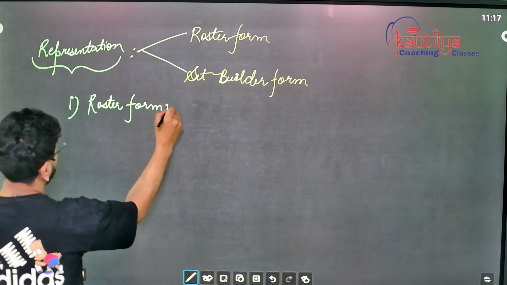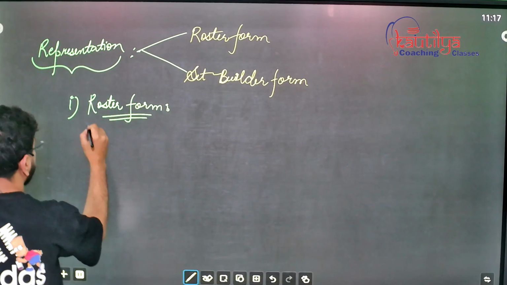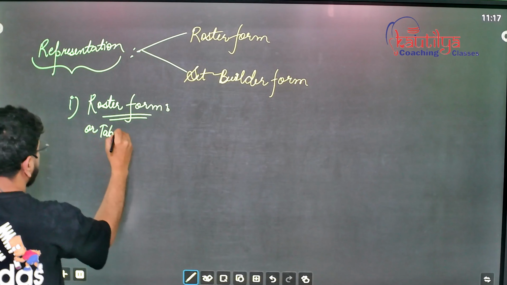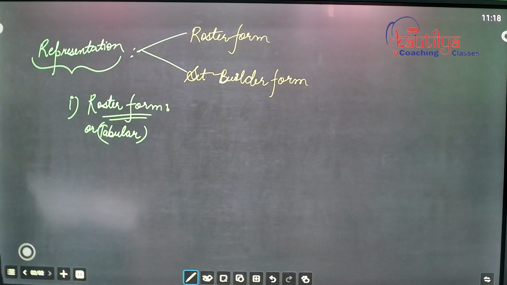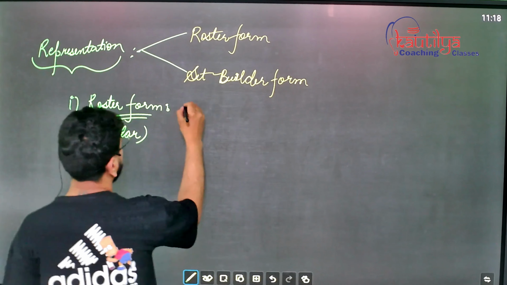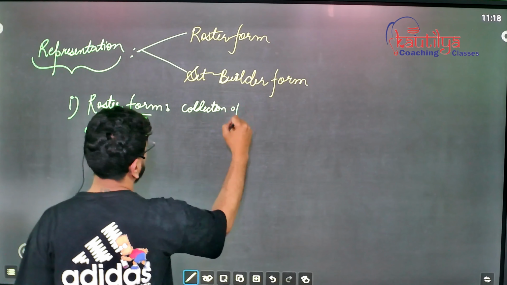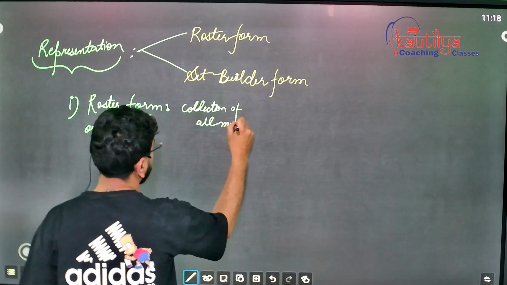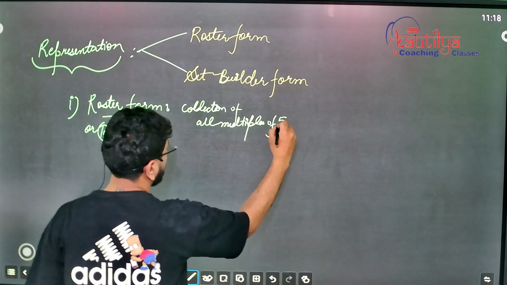And what is the roster form? This is also known as the tabular form. Example: collection of all multiples of 50.